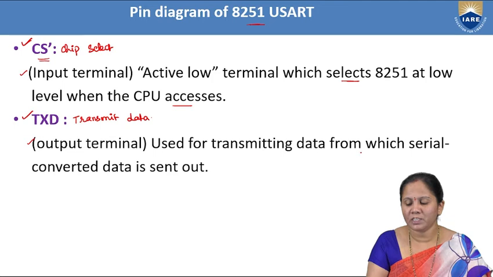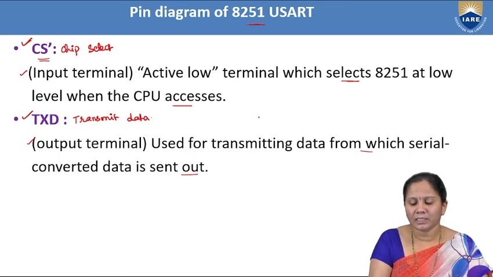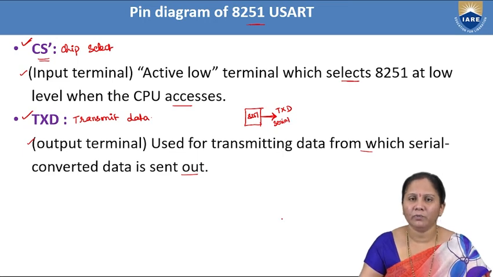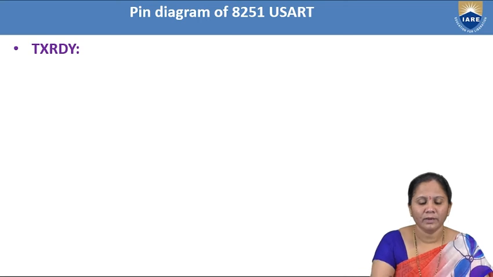It is used for transmitting the data, where serially converted data is sent out. That means this TXD signal, generally in 8251, will be acting as the output terminal. Whatever data is transmitted will be in serial form.